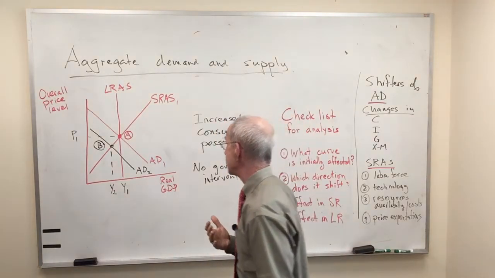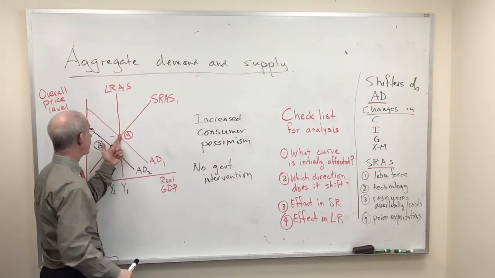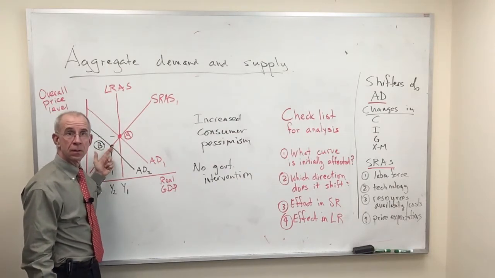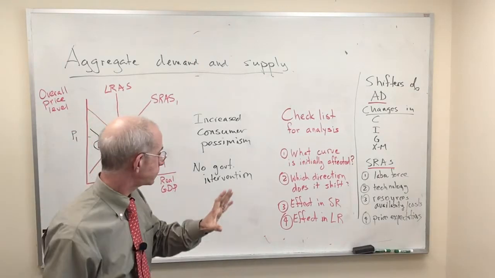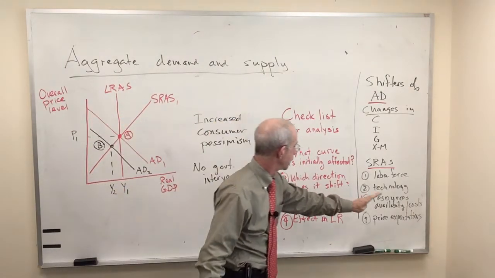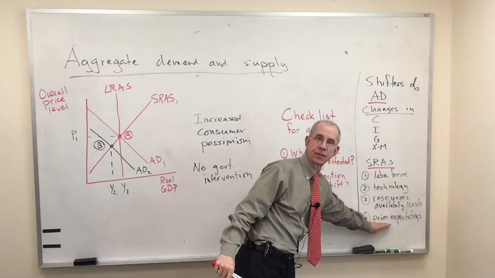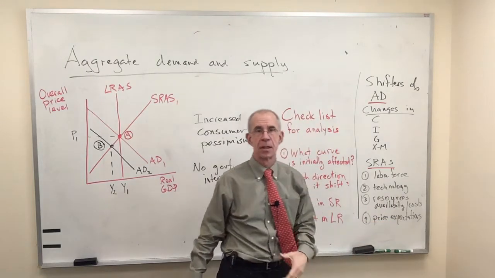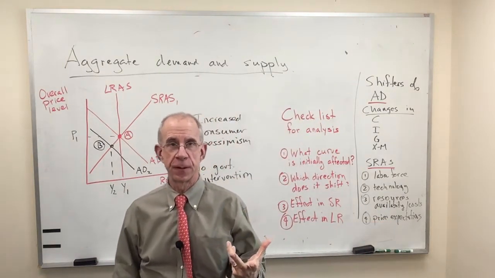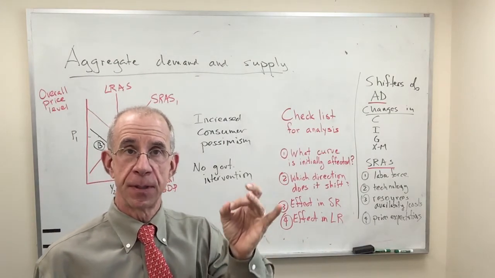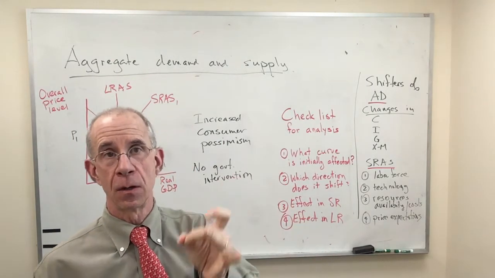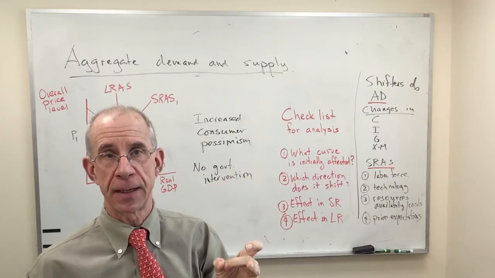Well, as the prices fall, they start to adjust their decisions. We then look at this part of the analysis. You'll have a shift in today's short-run aggregate supply curve because prices are lower than people expected.